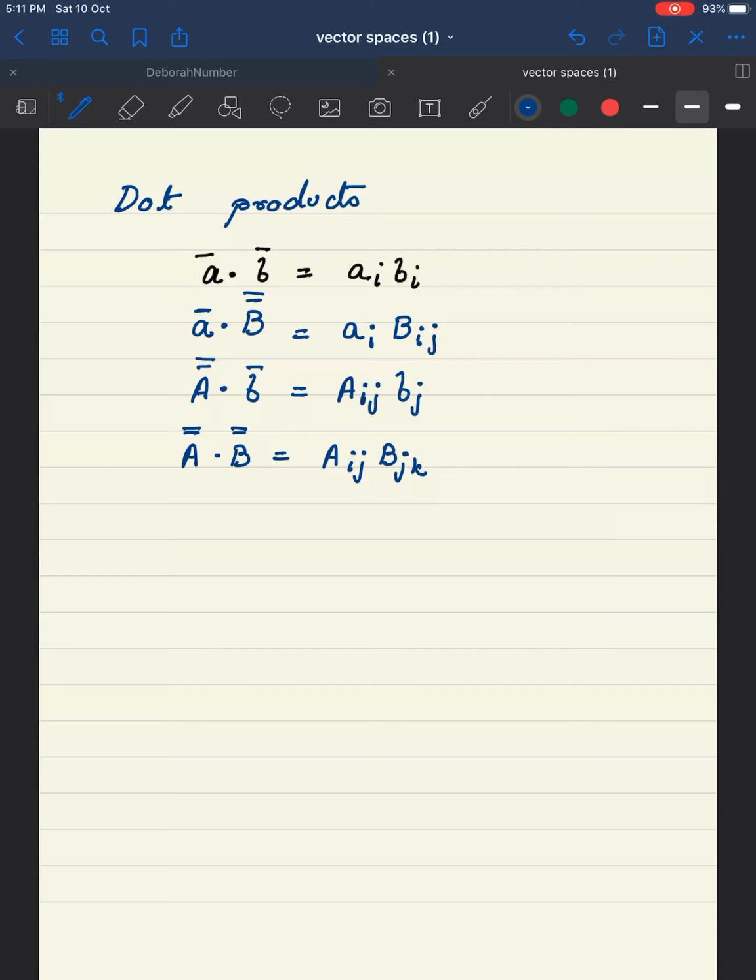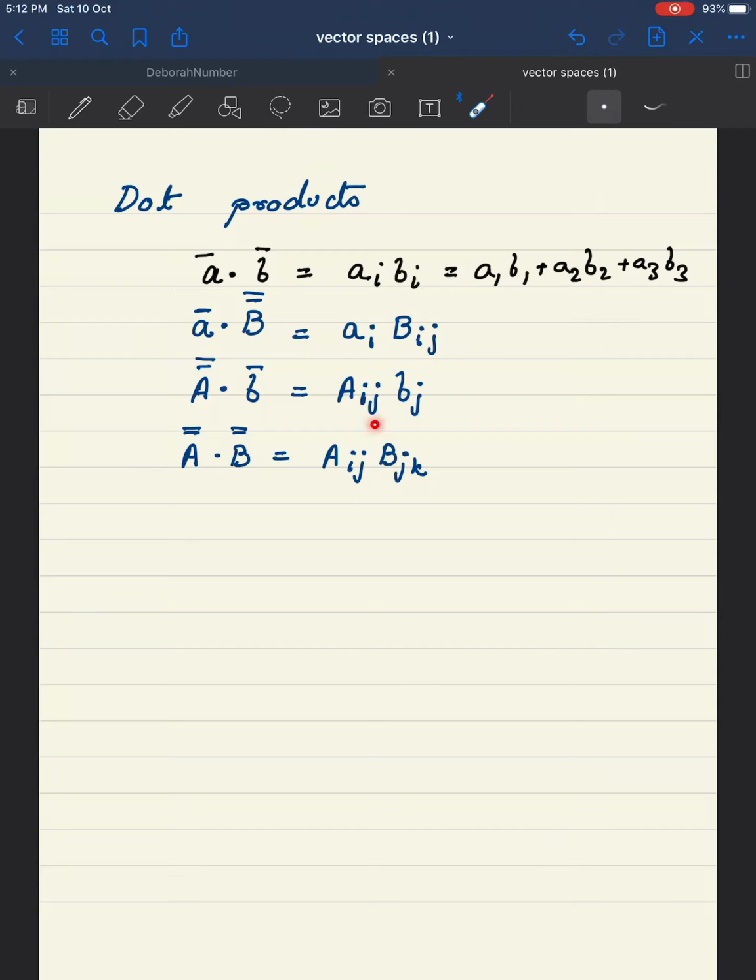So, you can already see the benefit of index notation, right. Here, this is equal to A1 B1 plus A2 B2 plus A3 B3. So, the index notation allows me to shrink this entire thing into this really simple notation, whereas this quantity is now going to be a vector, because i is a repeated index here, so it has to be summed over that, and j is a free index.